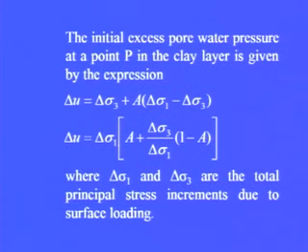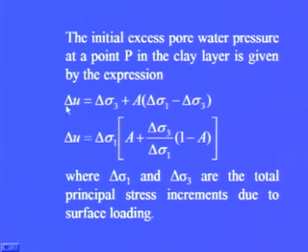Now the initial excess pore water pressure at a point P in the clay layer is given by the expression delta U equal to delta sigma 3 plus A into delta sigma 1 minus delta sigma 3. This is the equation given by Skempton, and delta U is the increase in pore water pressure, which we call the excess pore water pressure.